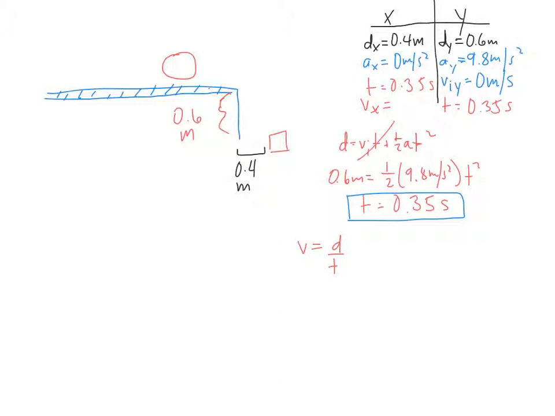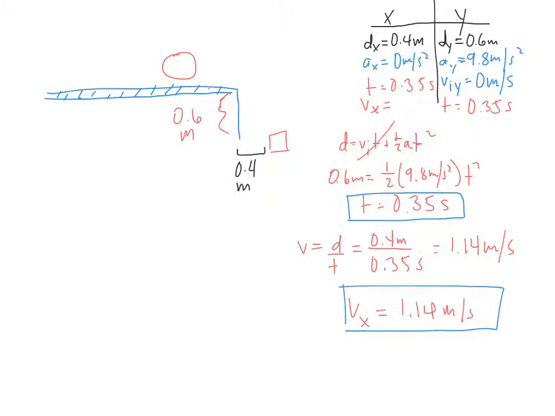Our velocity is what we're solving for, our distance is 0.4 meters, and our time is 0.35, so 0.4 divided by 0.35 should get you 1.14 meters per second. So Vx is equal to 1.14 meters per second, and let's box that off to indicate that's our final answer. And there we go.